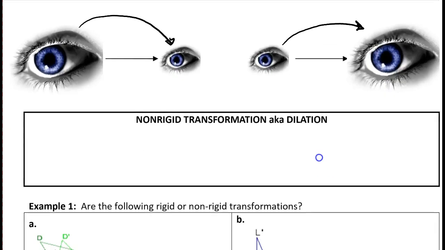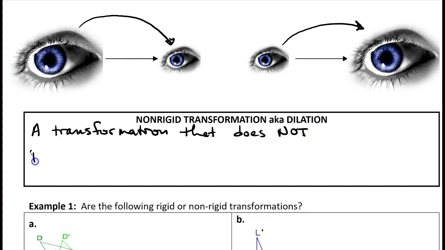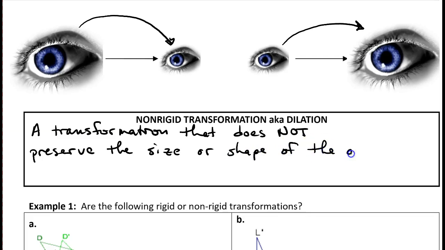So a non-rigid transformation or a dilation is a transformation that does not preserve size or shape of the original object.